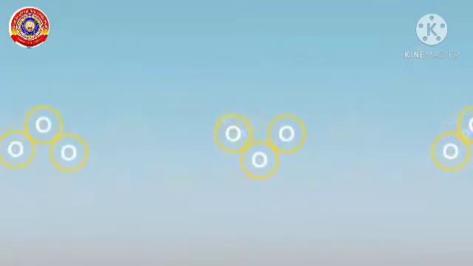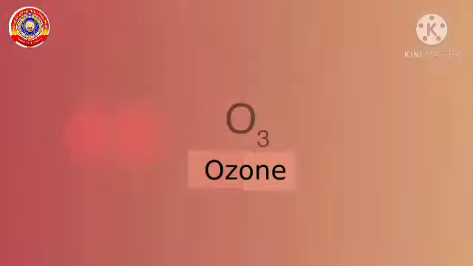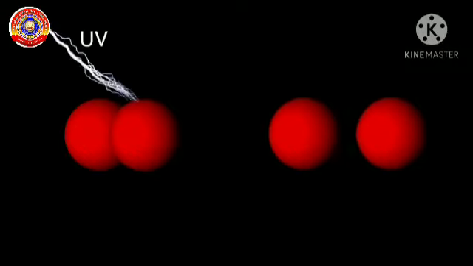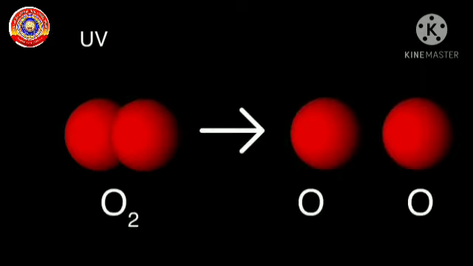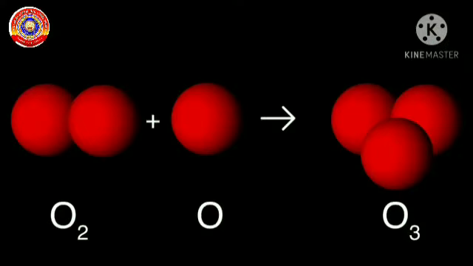Let us know how the atmospheric oxygen changes to ozone molecule. The atmospheric oxygen is decomposed by absorbing the ultraviolet rays having high energy. As a result, the oxygen atoms formed combine with the oxygen molecule present in the atmosphere to form ozone molecules with 3 oxygen atoms.